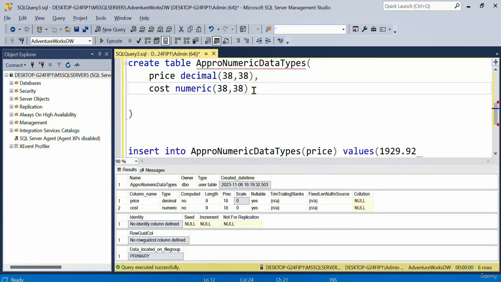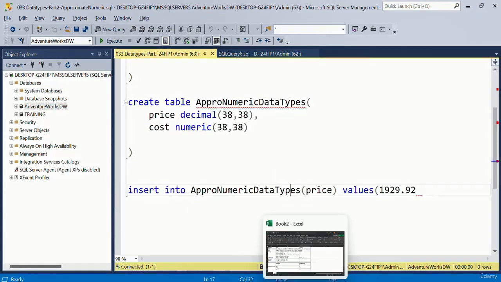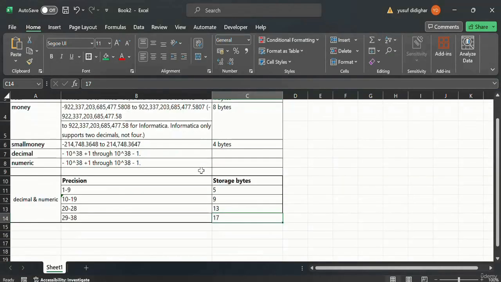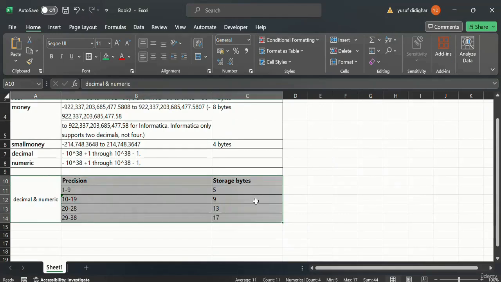That's it. We will be using these data types as and when required, either to create a table or to alter a table, or for conversion using cast functions that we will learn. Finally, there is one more thing that I want you to know. If you look at this table below, it lists the precision and storage bytes for decimal and numeric.